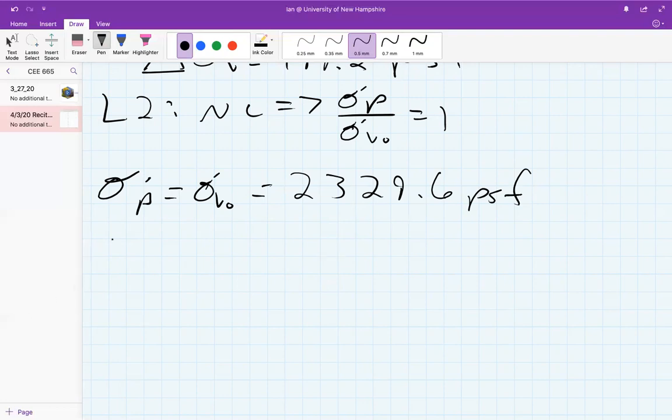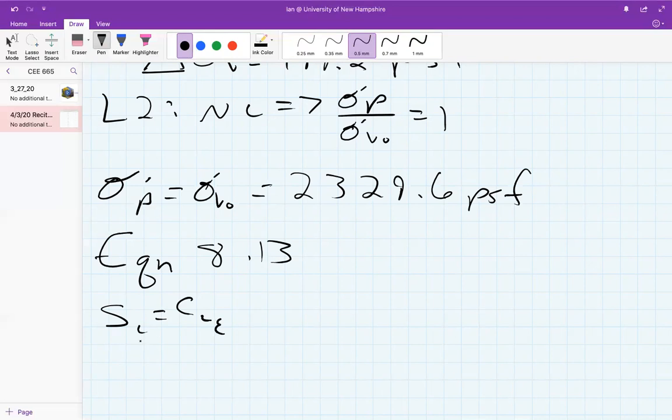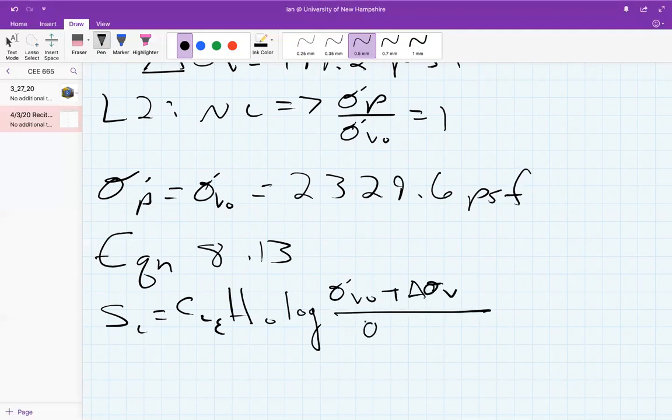So now we're going to use equation 8.13, and we're going to see this total settlement, C sub C strain, times H naught, so the height of our soil layer, times the log of sigma V naught plus delta sigma V over sigma V naught.